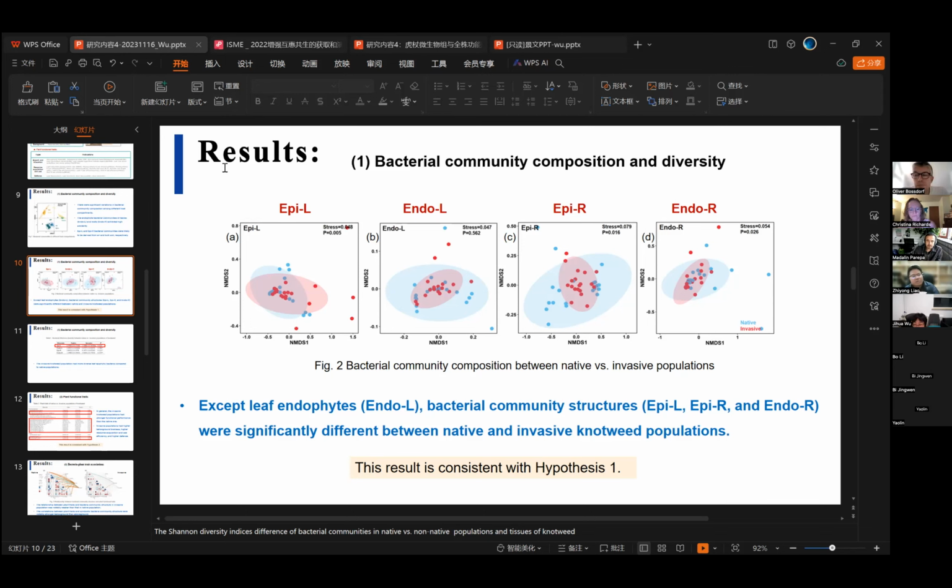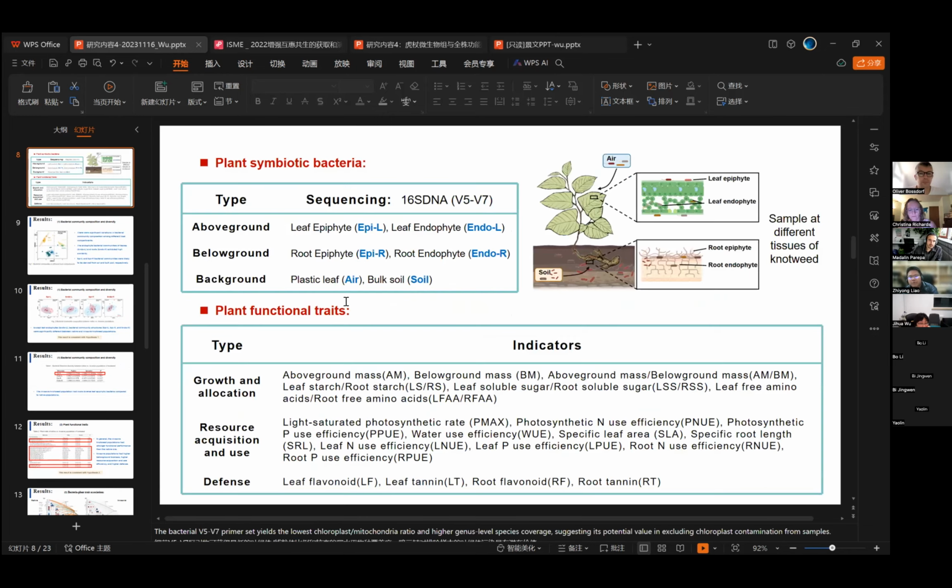I have a question. So you measure the bacteria in the plant, right? And also in the background, in the air, and also in the soil, right? No, the air is plastic leaves. Plastic leaf. Okay. Yeah.